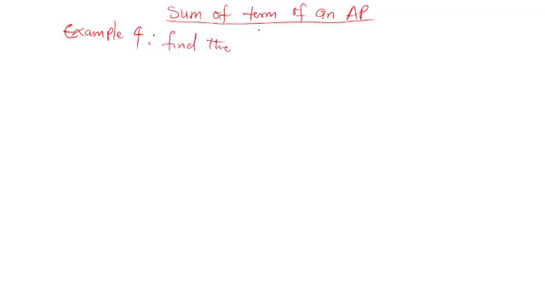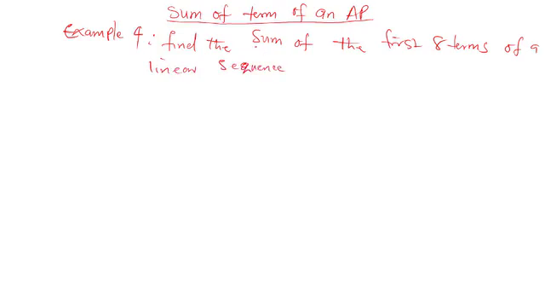Find the sum of the first 8 terms of a linear sequence whose first term is 6 and last term is 46.